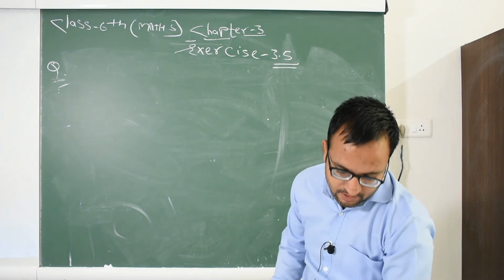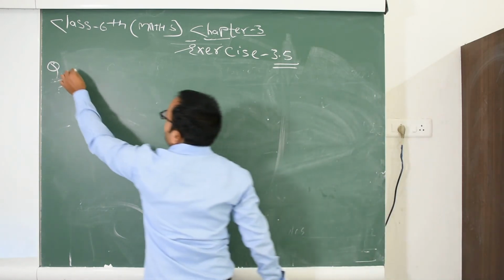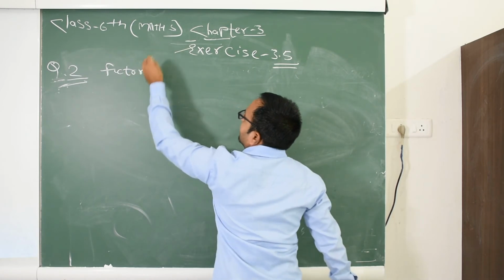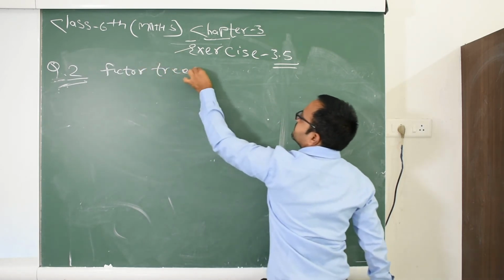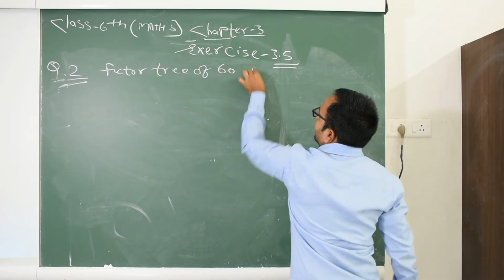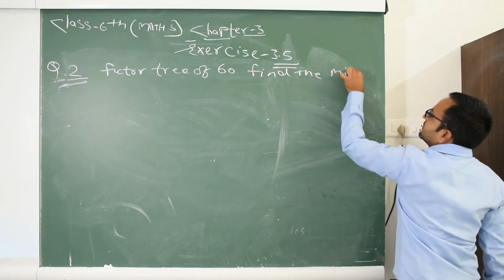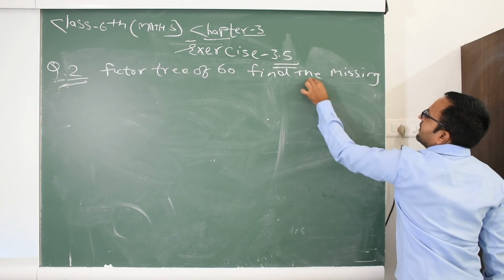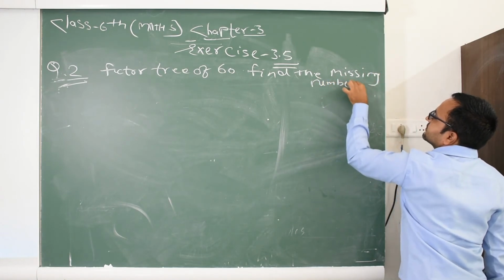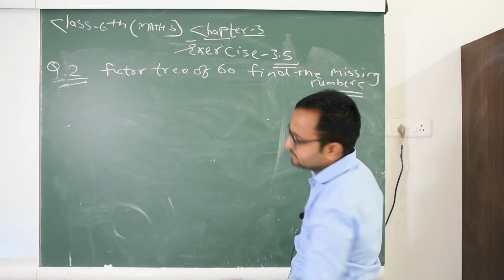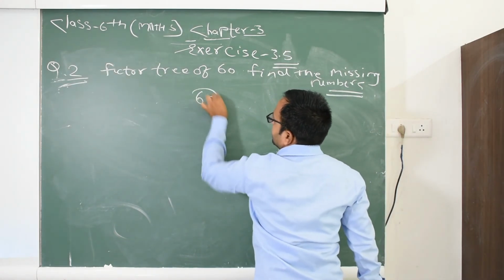Write the missing numbers. Find the missing numbers in the factor tree of 60.